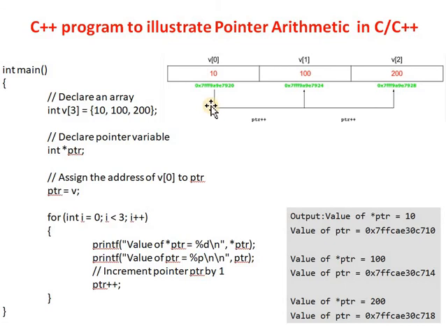Here, the pointer originally points to the location 7920. That means the pointer PTR is originally assigned the value 7920.